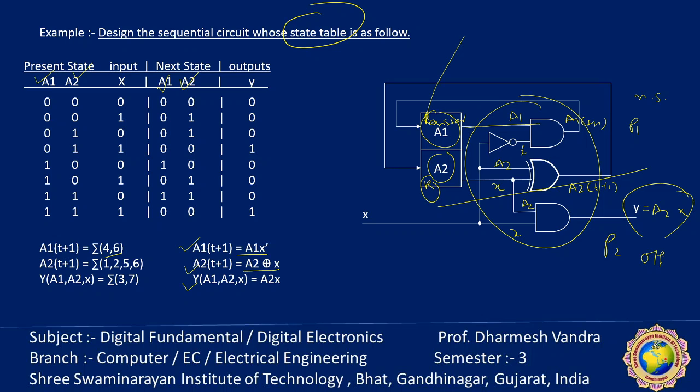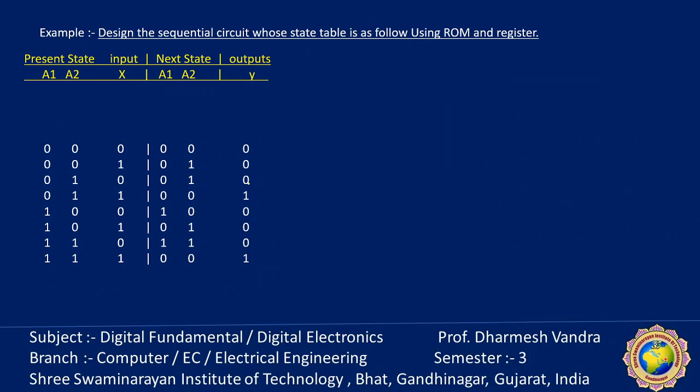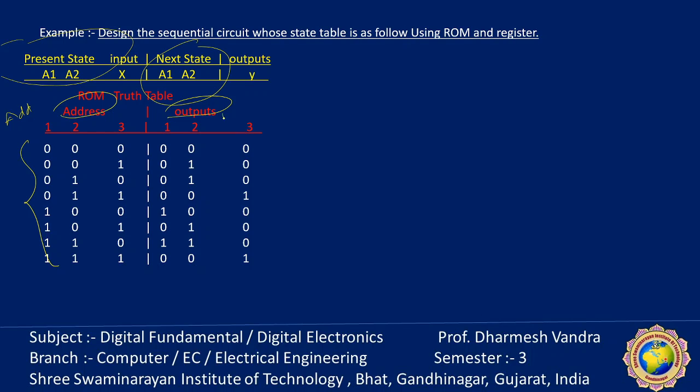The same thing is also possible with a ROM. ROM, as we discussed in the combinational circuit: we make the ROM table. These three inputs behave like the address of data, and 2-bit information is stored in each address. So, ROM table: 3 address lines, and 2 outputs stored at each address.